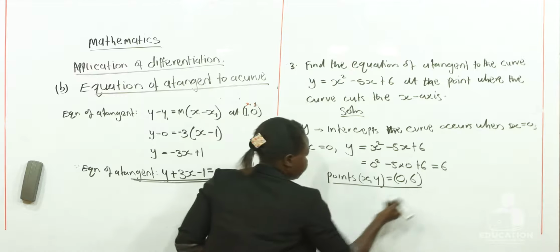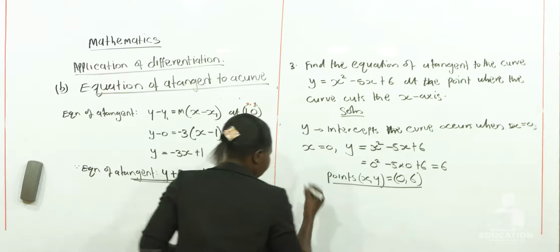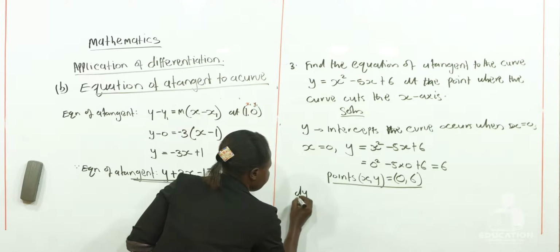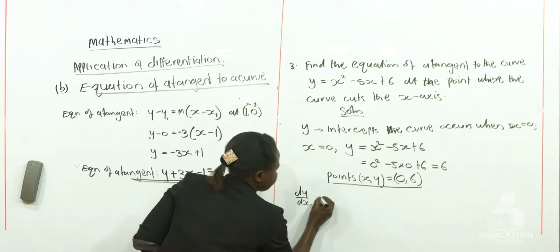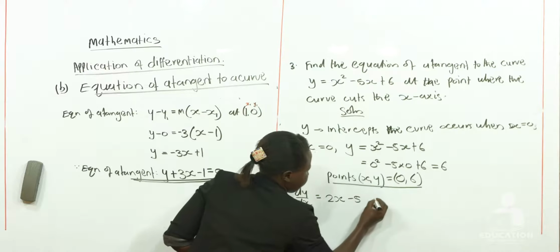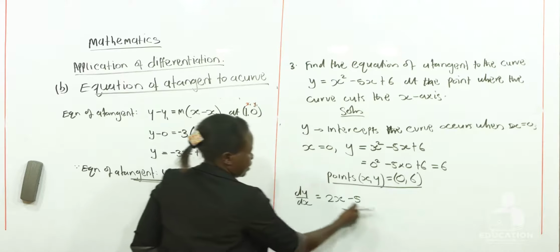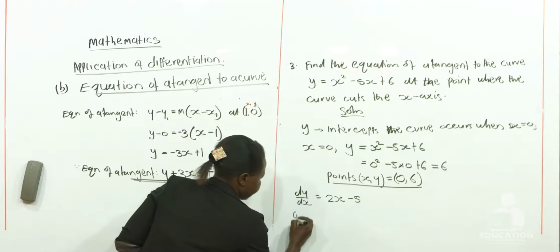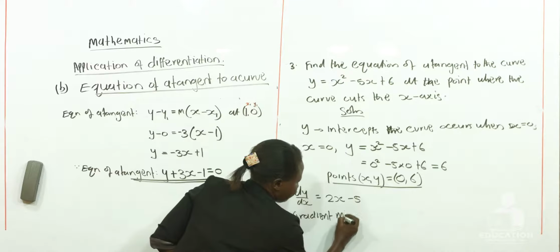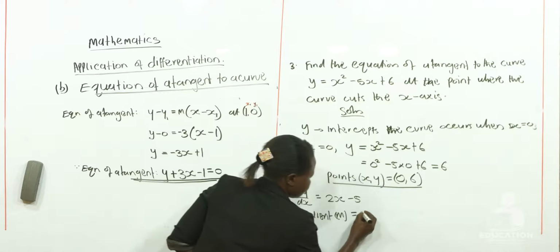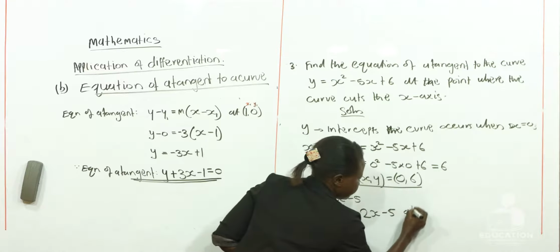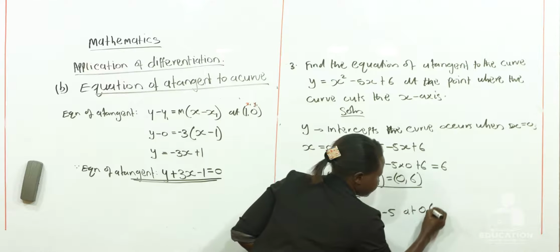Now after knowing the point, you can find the gradient. Therefore dy over dx equals 2x minus 5. The gradient here will be m equals 2x minus 5 at the point (0, 6).